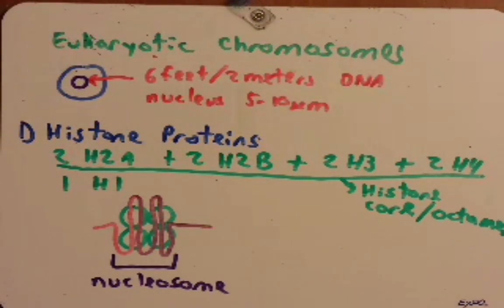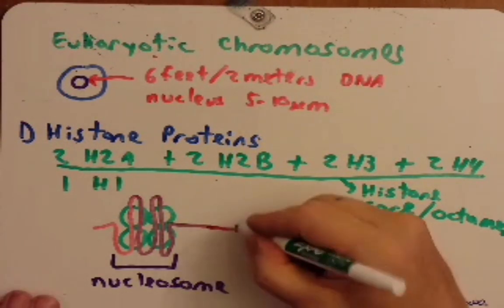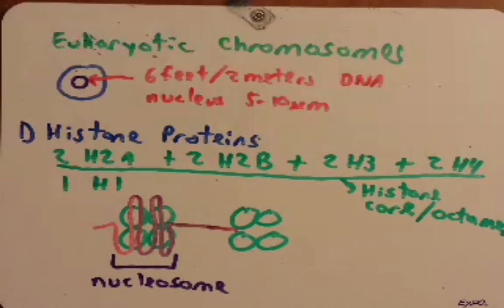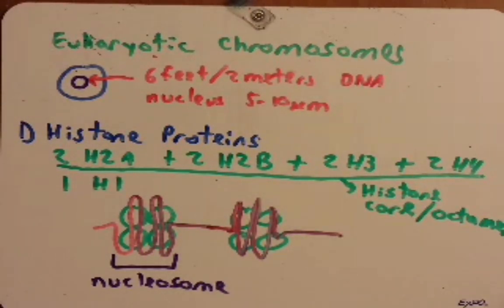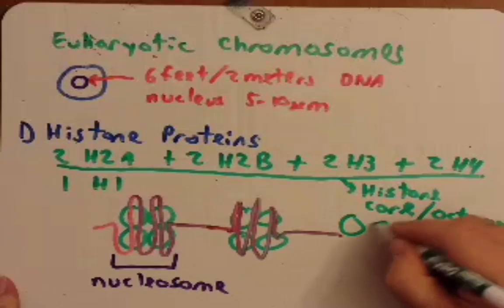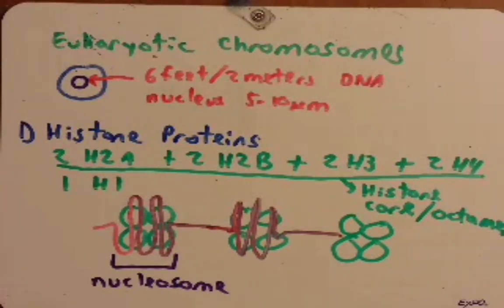And so let's go ahead and continue this out. We'll have another histone octamer here that the DNA will wrap around. We'll have another one here, and so you get the idea that it will keep doing this for the length of the chromosome. The histone 1 protein I haven't drawn yet. It's not part of the octamer, and some species, like yeast, don't have the H1 protein.